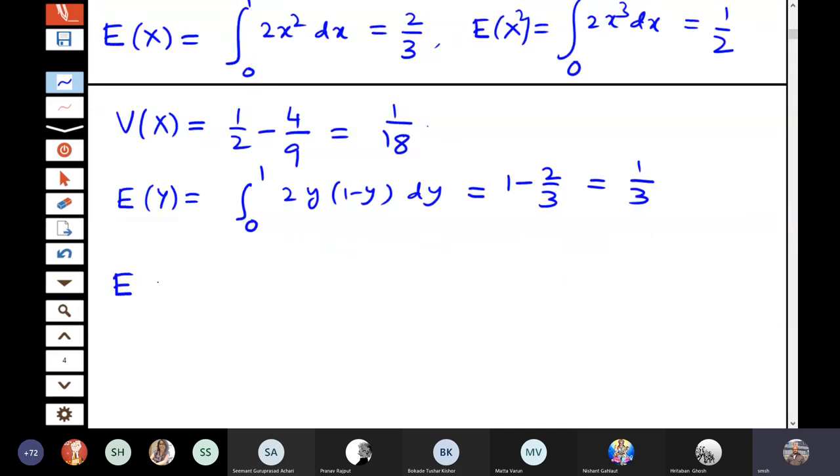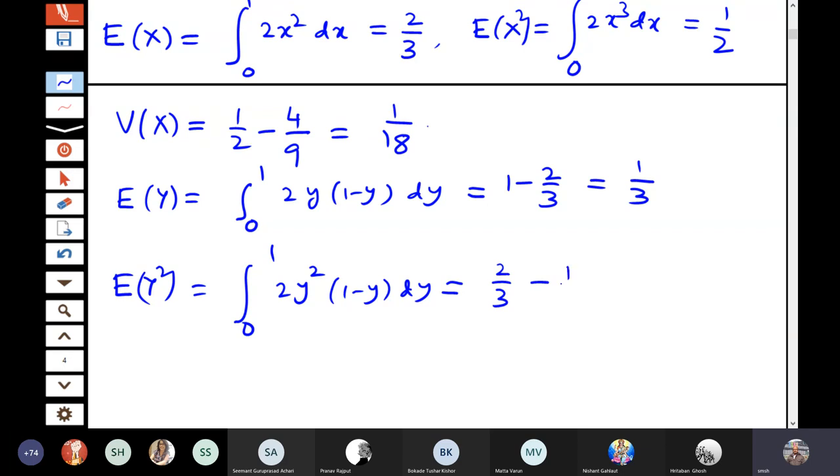Then you can calculate expectation of y square, that is integral 0 to 1 2y square into 1 minus y dy. So that is 2 by 3 minus 1 by 2, that is 1 by 6. So you get the variance of y as 1 by 6 minus 1 by 9, that is again 1 by 18.